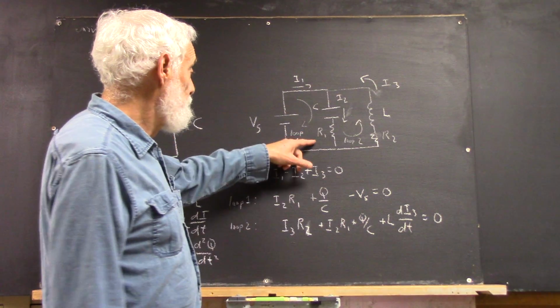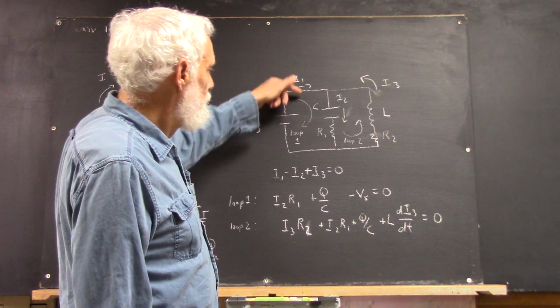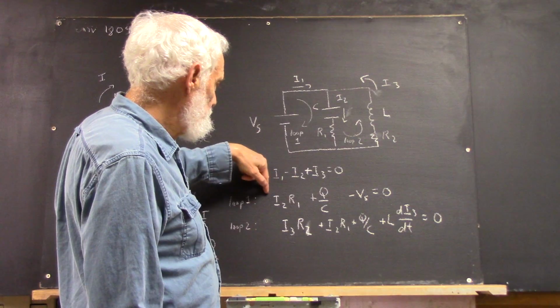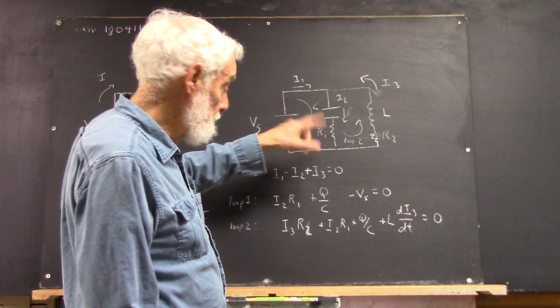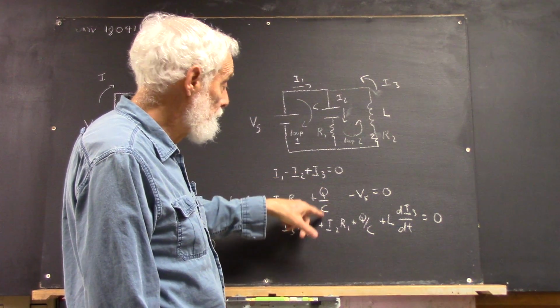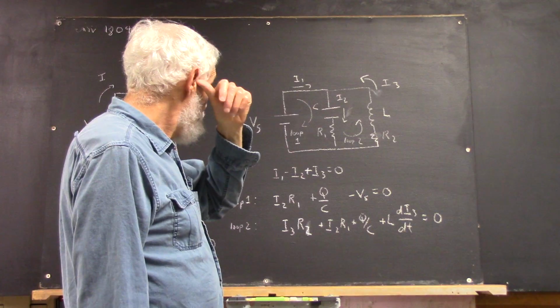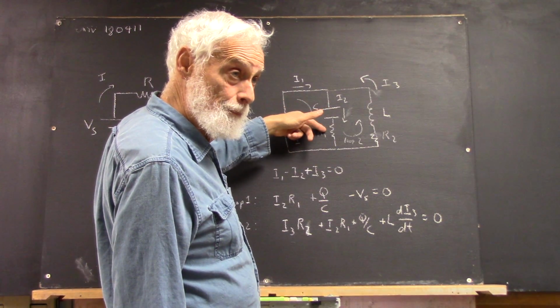So, anyhow, for this loop, of course, you've got I2 in the direction of the loop, so you have a voltage drop I2R1 through resistor R1, right? And you're going to have a Q over C for your capacitor. By writing this, we're assuming that if Q is positive, you have a drop from here to here, right?